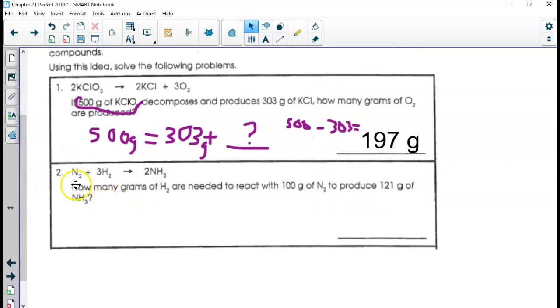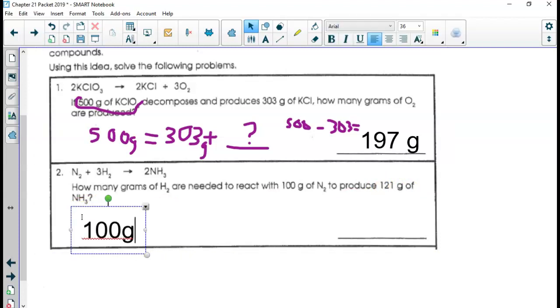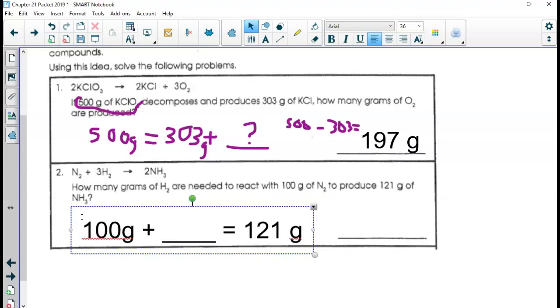Okay, let's look at the next one here. How many grams of H2, so that's this guy here, how many grams of this are needed to react with 100 grams of nitrogen to produce 121 grams of NH3? Okay, so if I rewrite that, it looks like I start with 100 grams of nitrogen plus, I don't know how many grams of hydrogen, but I know that total has to equal 121 grams.